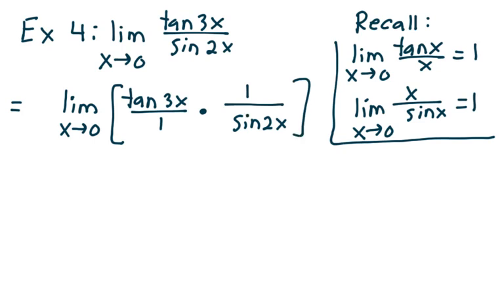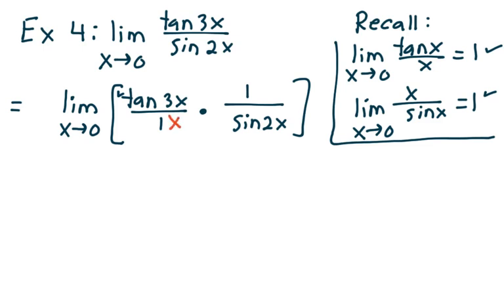Now, if I want to take advantage of these two results, I'm going to need something. If you notice, the numerator has a tangent of 3x. The denominator is missing an x. So I'm going to put it in.